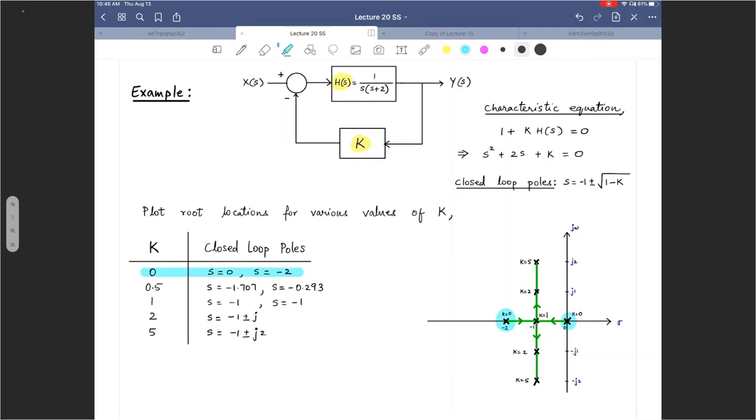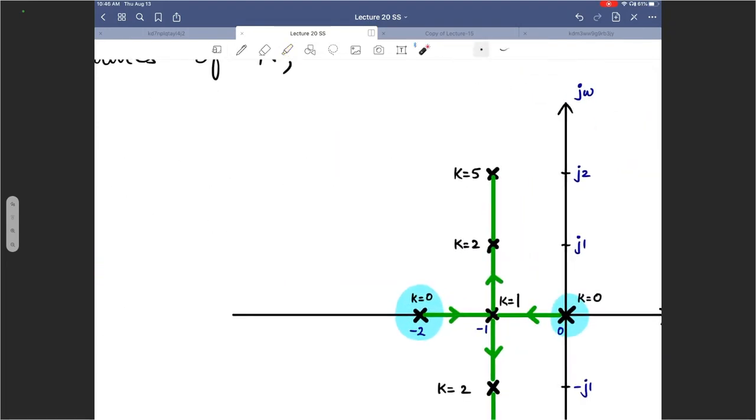If you increase k to 0.5 and substitute 0.5 over there, you will see that the closed loop poles move to a different value. What happens is, the pole here will move to the left, but the pole at -2 will move to the right, indicated by these two green arrows. One is pointing left, one is pointing right.